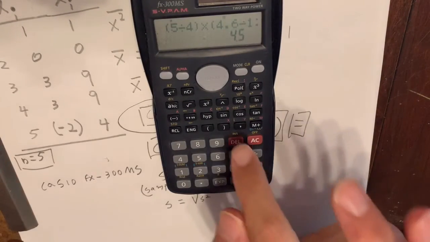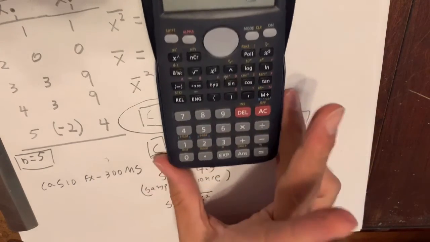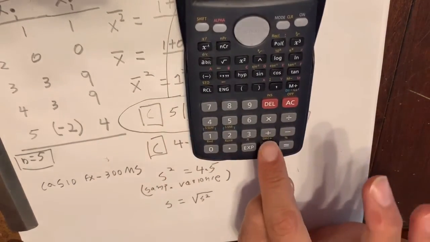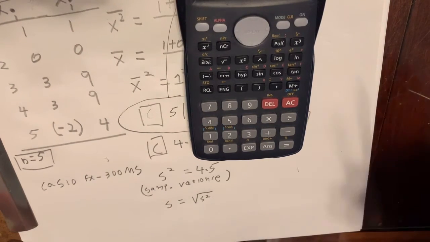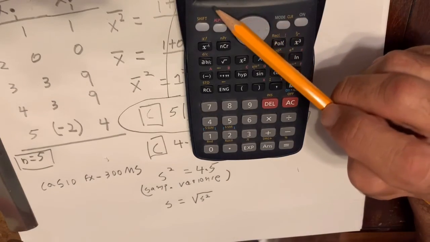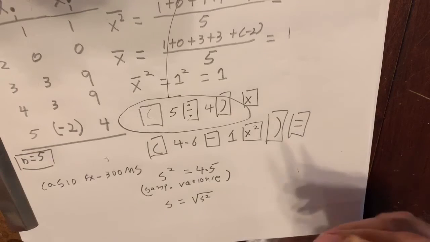What you do is you hit the square root button, and then you hit the answer button. And the answer button will recall the last answer. And you hit the equals button, and you get 2.1213. But the instructions say round to the nearest hundredth. So to the nearest hundredth, it would be 2.12.